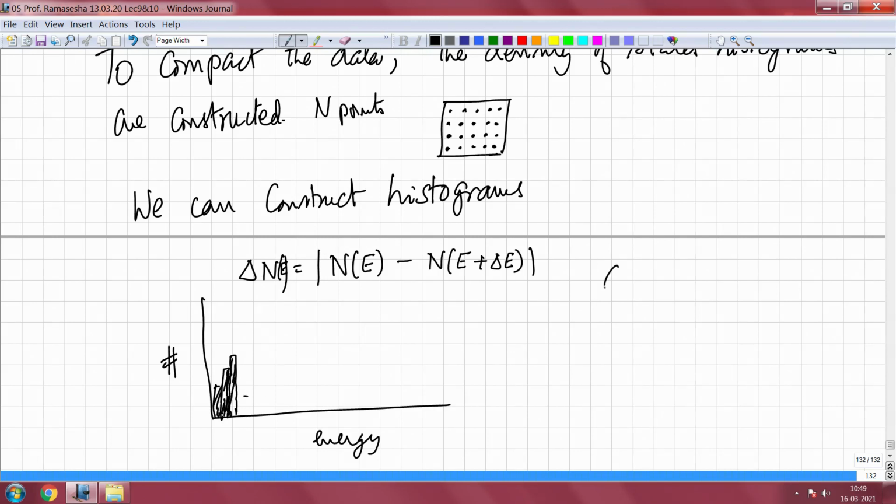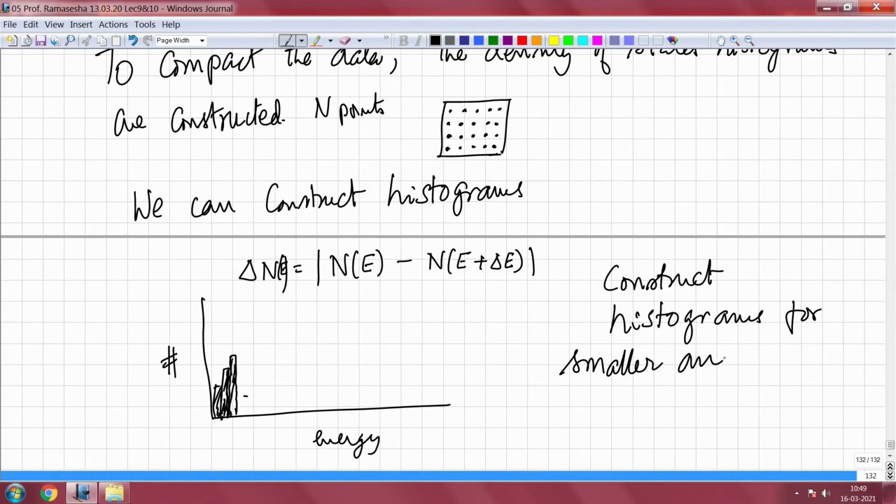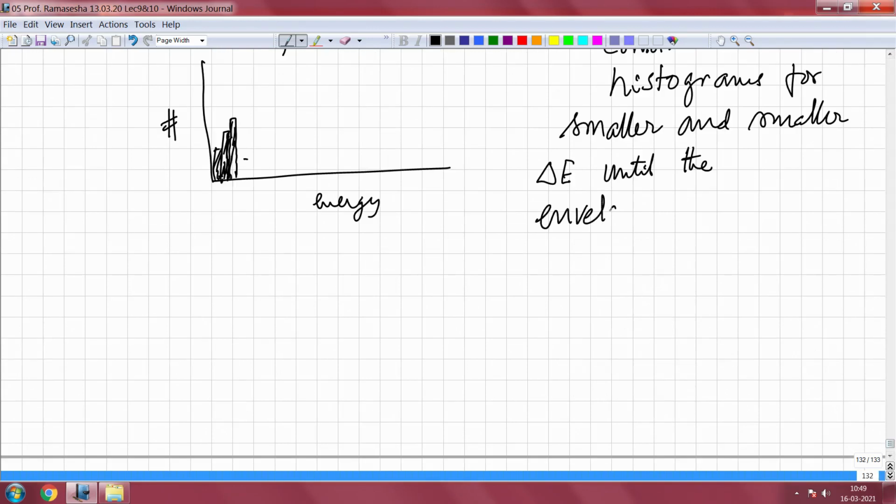So construct histograms for smaller and smaller delta E until the envelope of the histogram does not change.